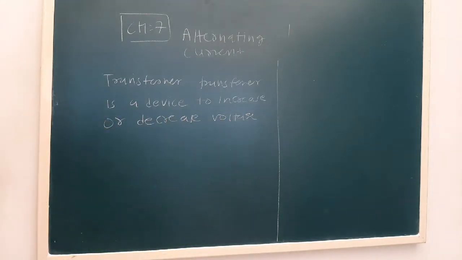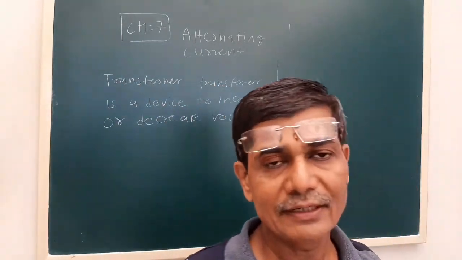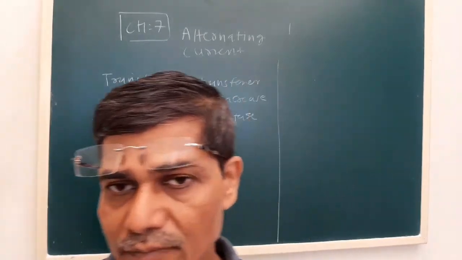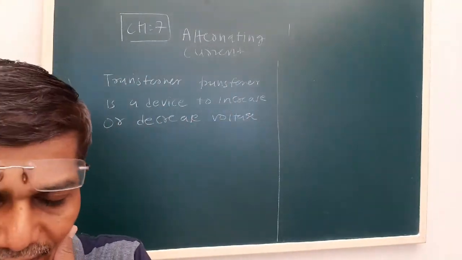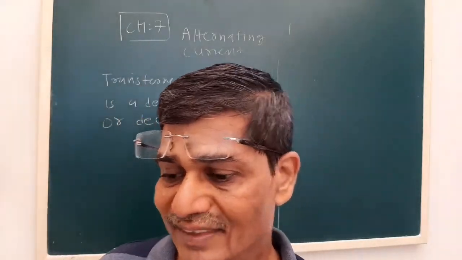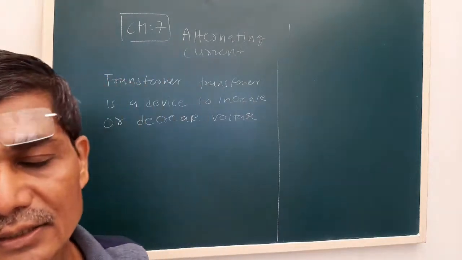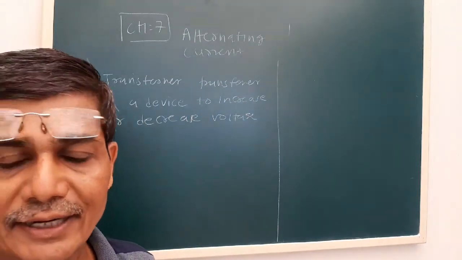See, all of you are familiar that electricity is transmitted at a very high voltage. We studied that in lesson number 3, that is the I square R losses, sometimes called transmission losses also. So in order to decrease the transmission losses, electricity is transmitted at a very high voltage.